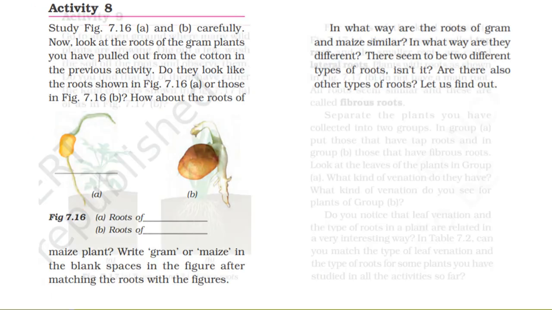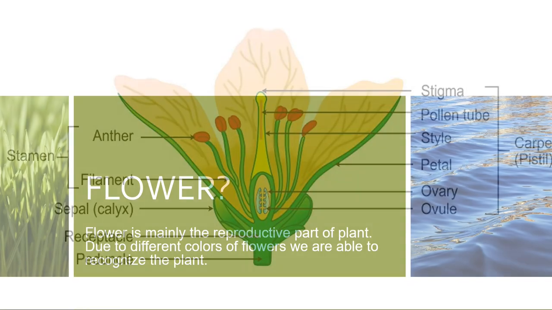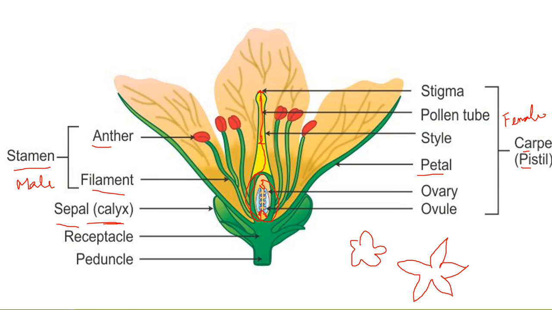If we talk about flowers, the main function of the flower is to help in reproduction of the plant, to make seed. So the main function is that only. Though we have different types of flower parts, the 4 main parts of a flower are petal, sepal, pistil, and stamen.